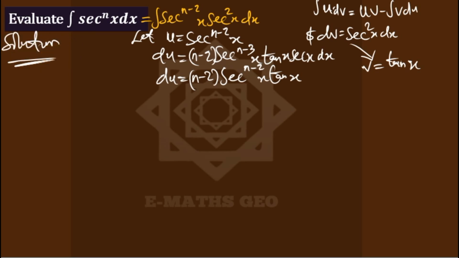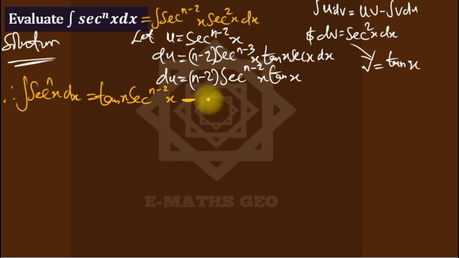So therefore, the integral of sec x raised to the power n is now uv, which is tan x sec x raised to the power n minus 2, minus the integral of v du.